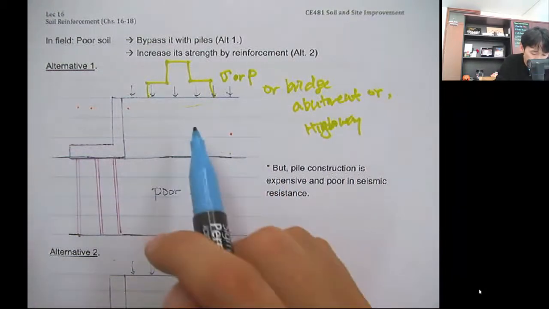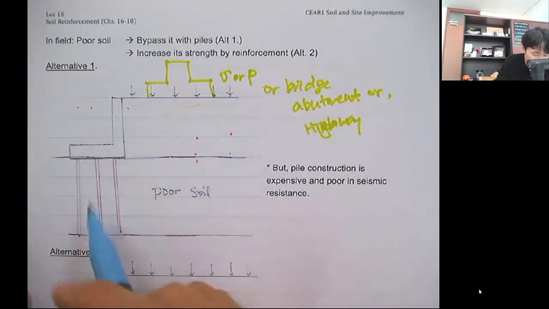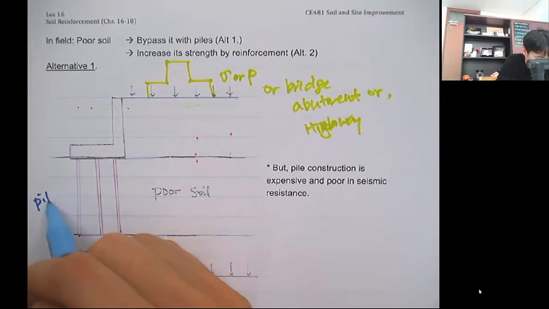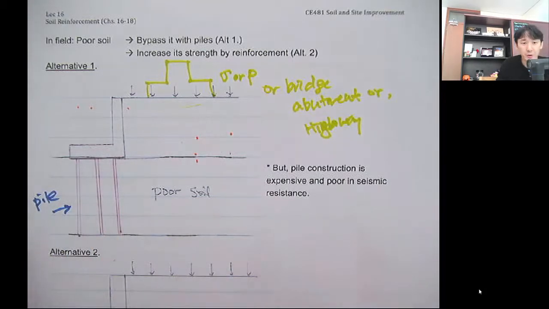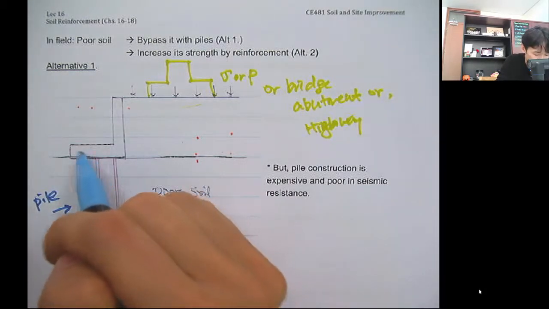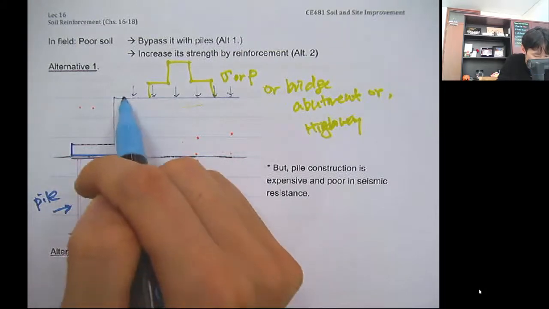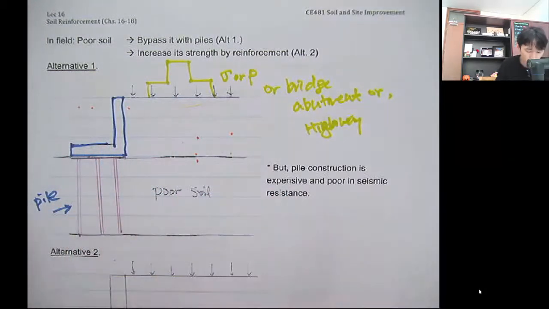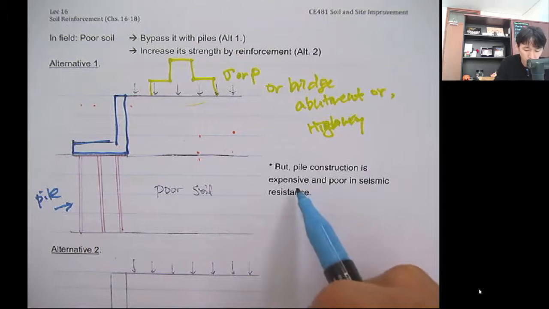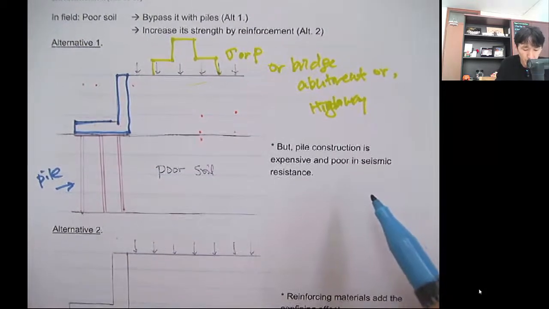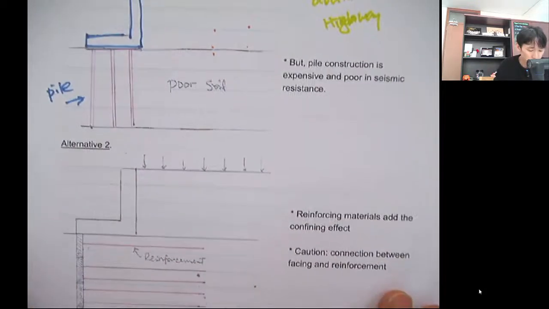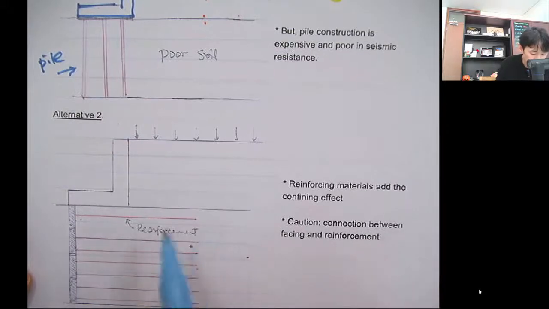So one way is to build a pile, a deep foundation for this retaining structure. Well, pile construction is expensive and poor in seismic resistance. So the alternative is to increase the soil strength.